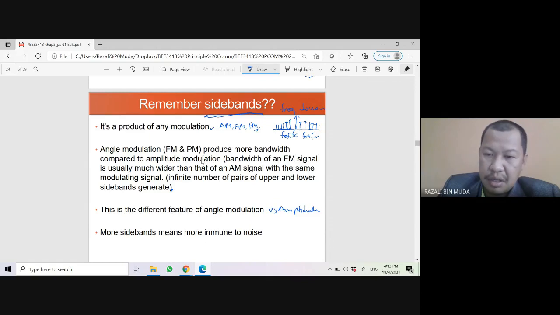More sidebands means more immune to noise.